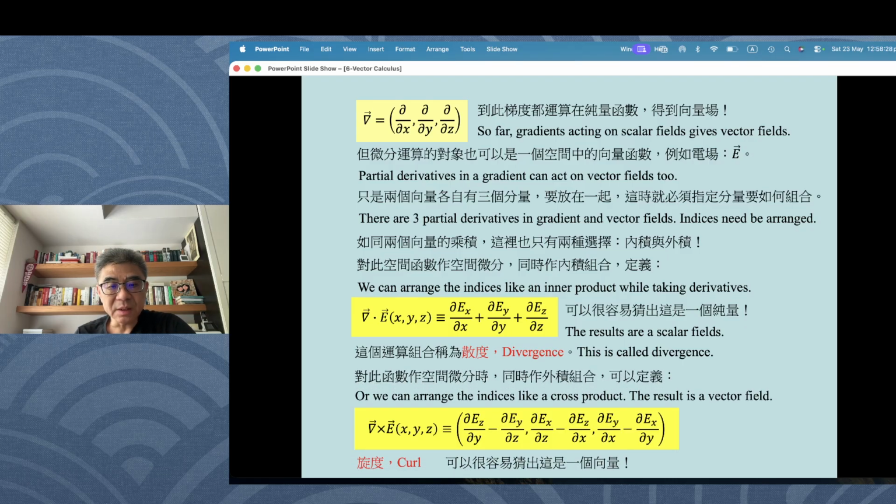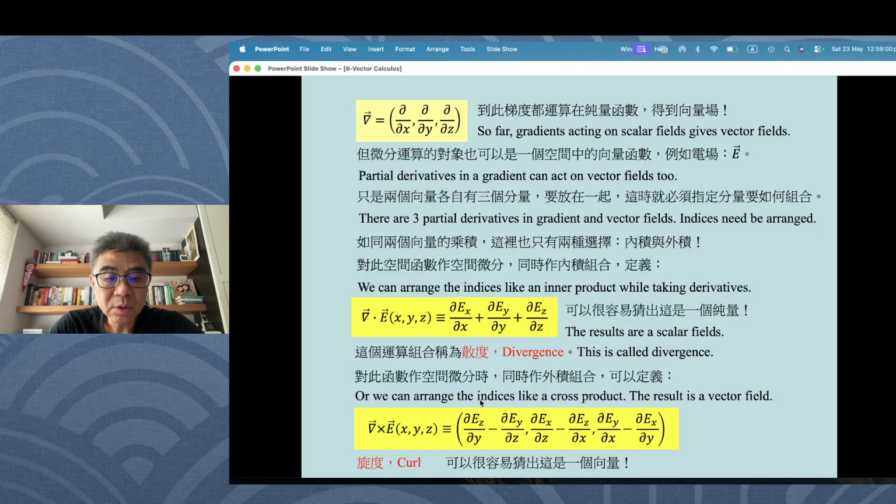Another possibility is to arrange the space indices into a cross product. That is, we still use the gradient to act on E. So you can see the components of the electric field are acted on by the partial differentiation. But we arrange the indices of the two into the form of a cross product.